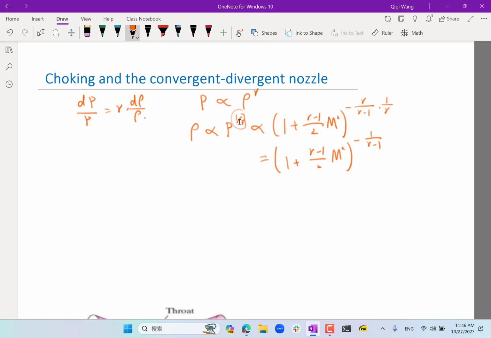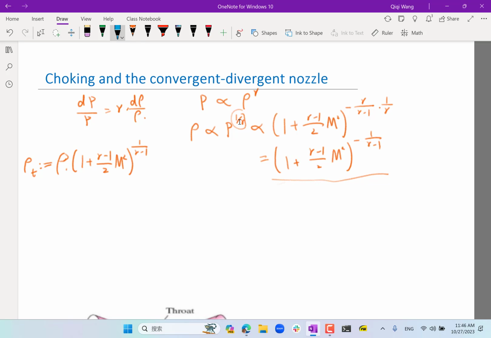All right. So if you multiply density with this term without the minus sign in the exponent, that becomes what we know as stagnation density, right? So that's rho t, its definition, because this is a constant along the accelerating or decelerating streamline.